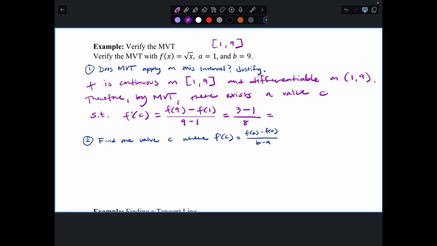So is that 2/8 or 1/4? So we can conclude that because f is continuous on the closed interval and differentiable on the interval, there's going to be some value C on the open interval from 1 to 9 such that f prime of C would be equal to 1/4.